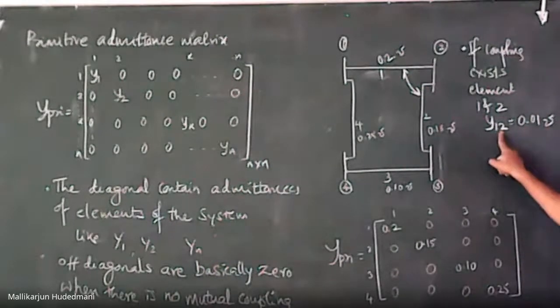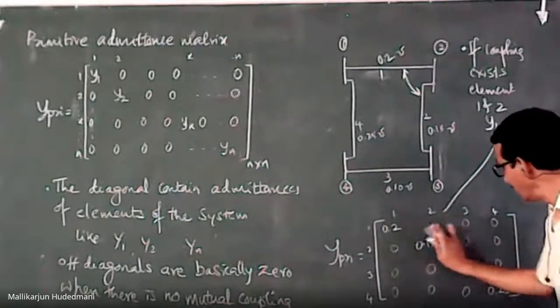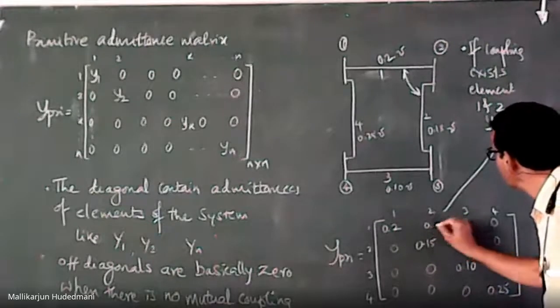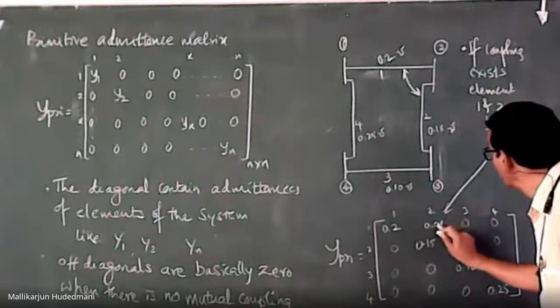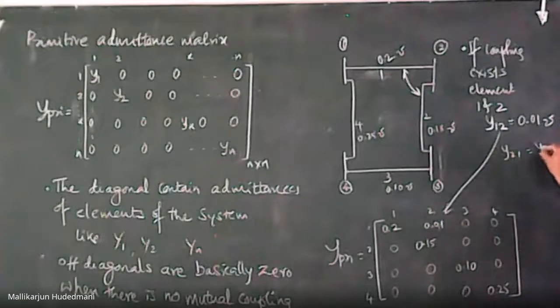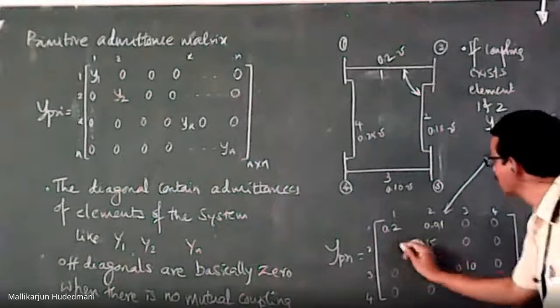This I am going to represent over here at 1 cross 2. This will now be 0.01. Hope you got this now. Similarly, when it is 1 2, Y21 is equal to Y12, so I'll be placing it at 2 cross 1 also, without fail.